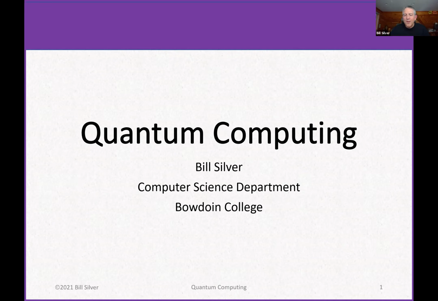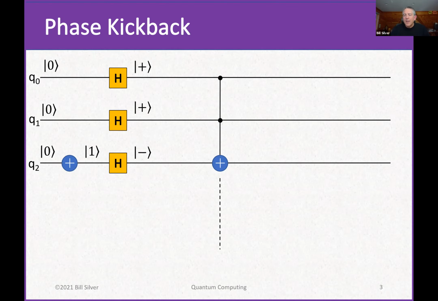So let's have a little review. I want to start with phase kickback, which we saw last time, and kind of the key to building the quantum oracle that Grover needs.